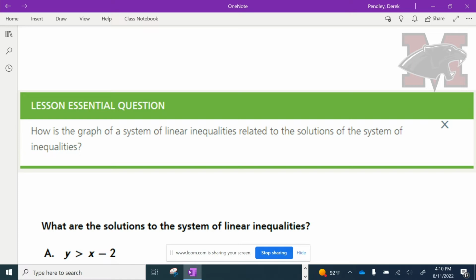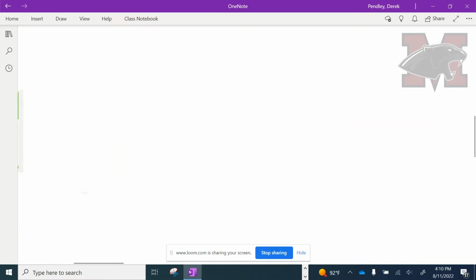So we're going to start by graphing it. I'm going to go over here to some empty space, and I need to graph y is greater than x minus 2. We're going to treat this the same way as if it read y is equal to x minus 2 in terms of graphing it.